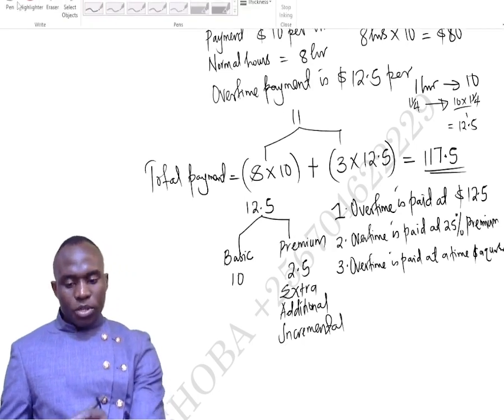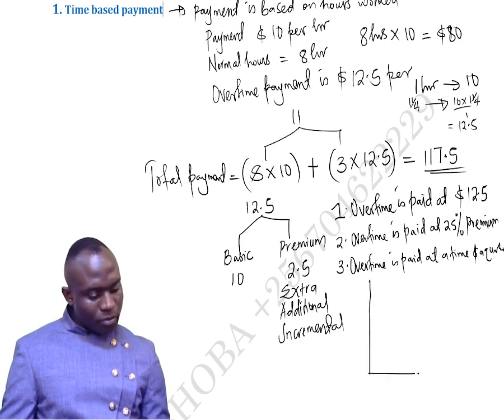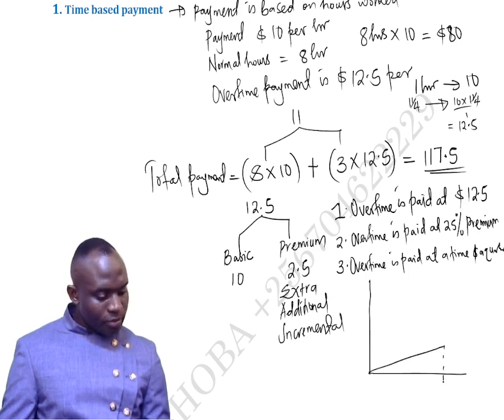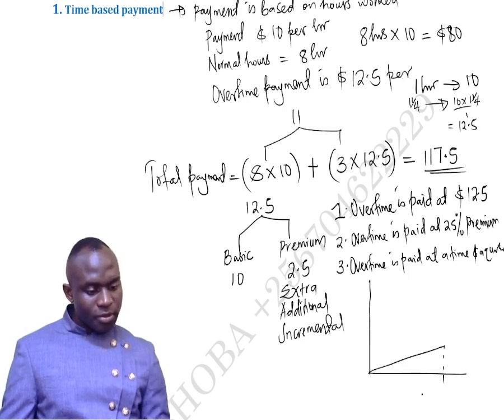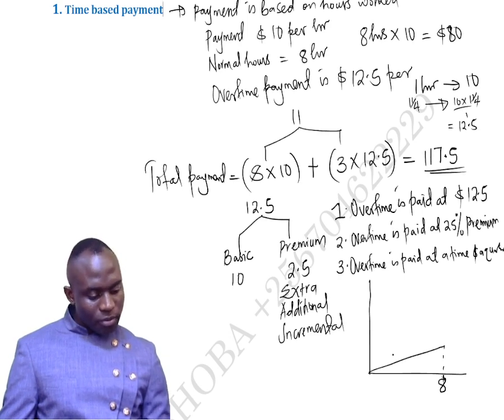Now we can also present the payment graphically. The graph would be something like this. So for the first 8 hours, the payment was at a rate of $10 per hour.